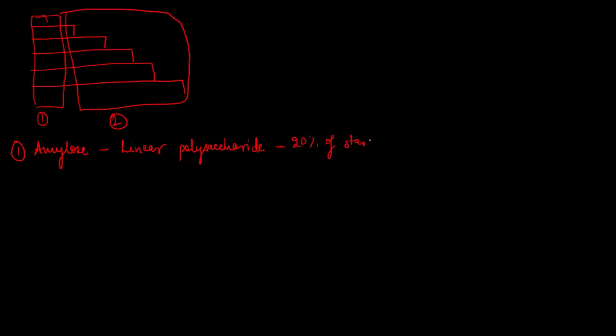It is water soluble, and it has alpha 1-4 linkage. Since it is linear, it has alpha 1-4 linkage, and its structure is helical. It will look something like this.